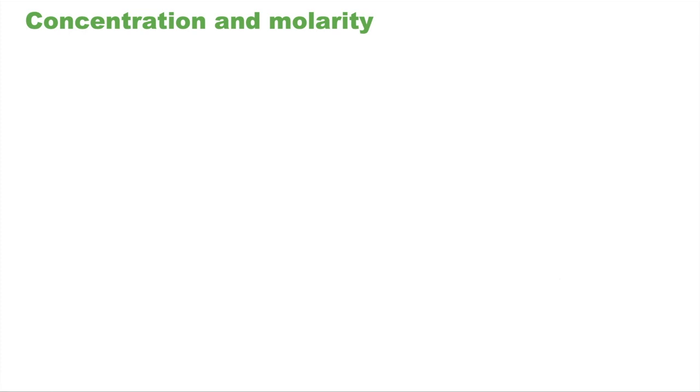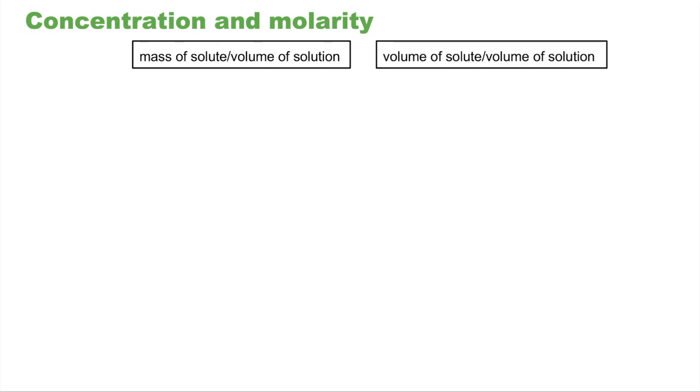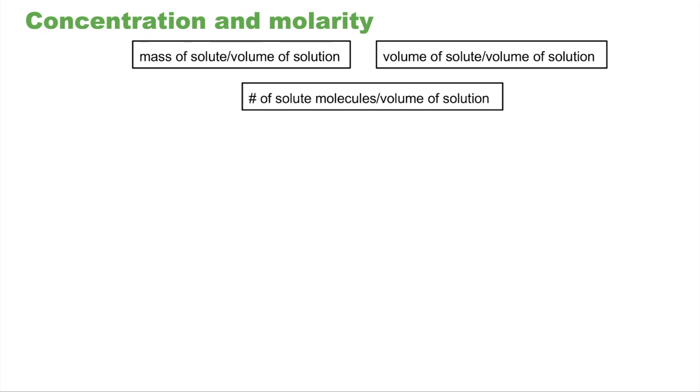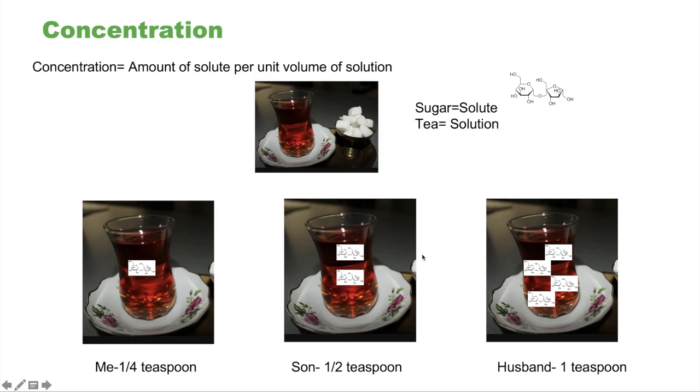So now we have to talk about concentration and a concept called molarity. Concentration can be measured in all sorts of different ways, and I'm going to give you a few examples of them. You can measure the mass of a solute per particular volume of solution. You can measure volume of solute per volume of solution, or you can count the number of solute molecules per volume of solution, which is what we did in the previous example.